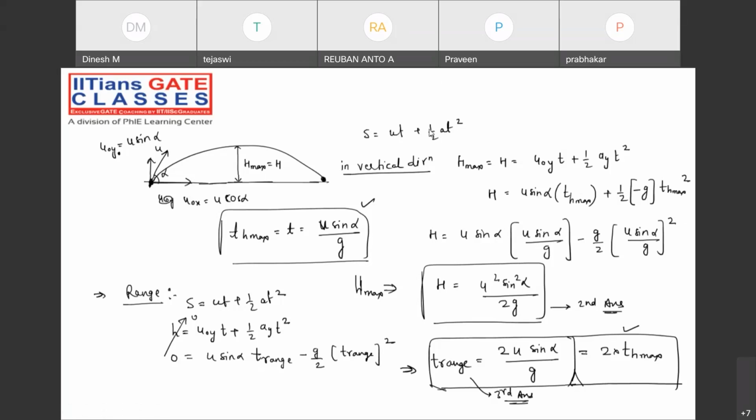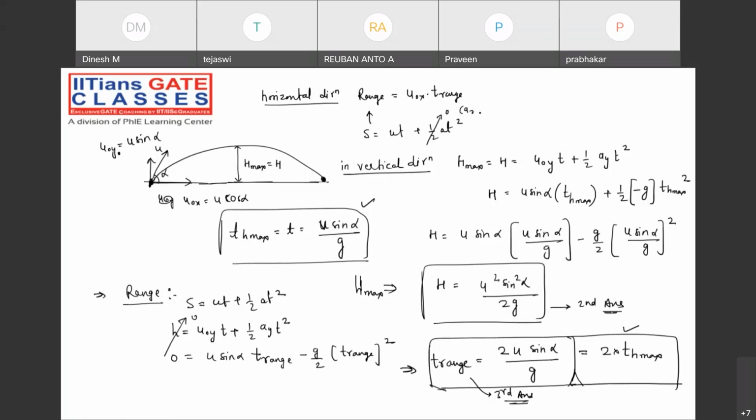For range, can I say, my dear friend, from here itself, apply the same thing in the horizontal direction? If I apply this formula in the horizontal direction, s will become the range in the horizontal direction. So this will become u naught x into time for range. This will be 0, why?